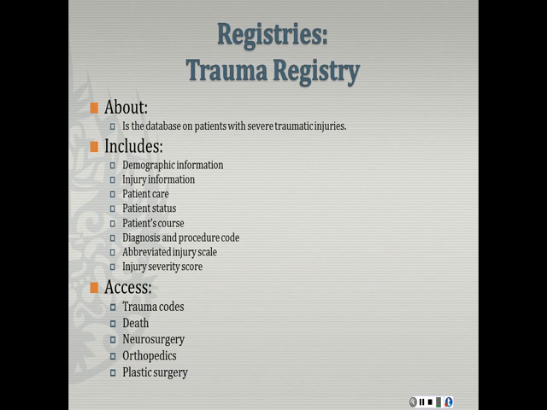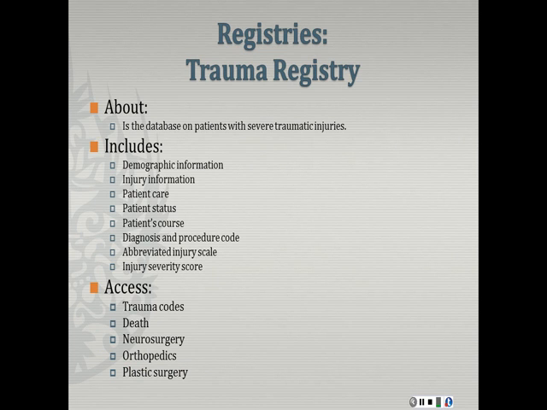And it includes the demographic information, injury information, the patient care, patient status, the patient's course at the hospital, diagnosis and procedure codes, an abbreviated injury scale, and how severe the injury was. Hence, the injury severity score is just how bad was the injury.